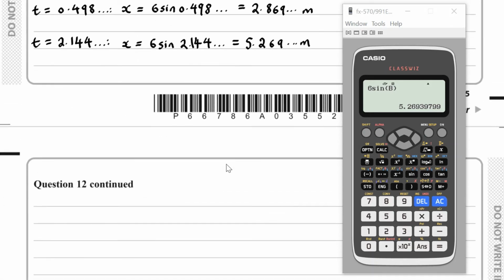So therefore, the width, that's going to equal 5.269, etc. minus the 2.869, etc. So working this out, we have over here this value, subtract this value of c. So subtract off c, turns out we get 2.4 meters.